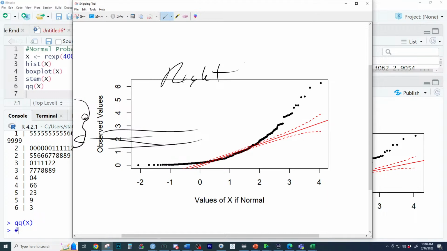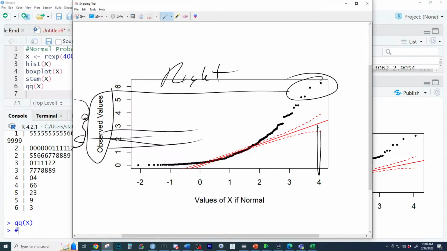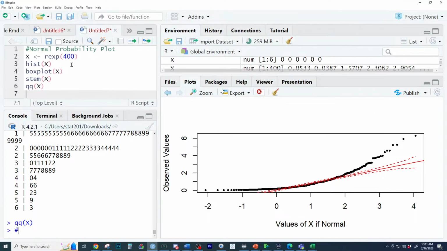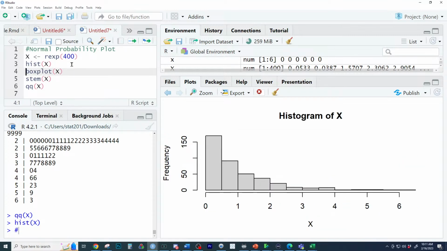That's because we see observed values that are extremely high, much higher than we would have expected. This value right here, we observe at 6, and we would expect it around 4. When values are too high, that is a right skewed data set. So that's why this is right skew.